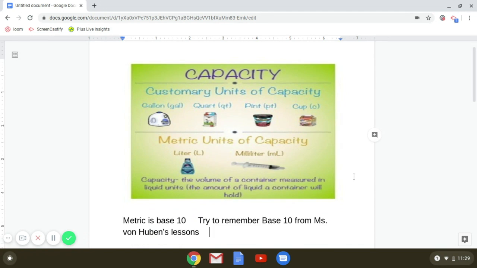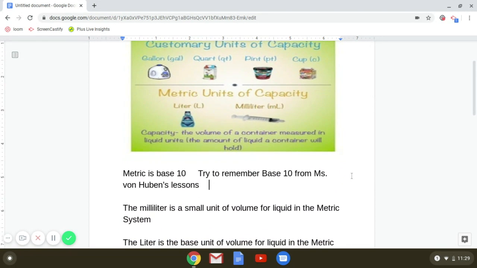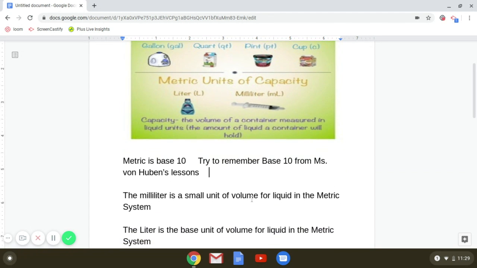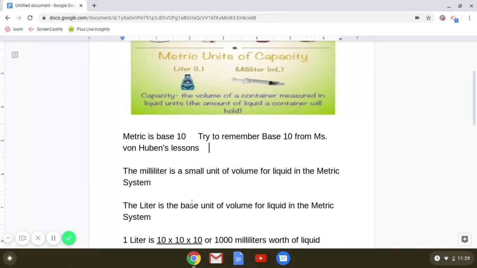But remember, metric is base 10. Try to remember your base 10 lessons from Miss Von Huben. When we do base 10, we're either multiplying by 10 or dividing by 10 to get from one unit to the next. The milliliter is a small unit of volume for liquid in the metric system.